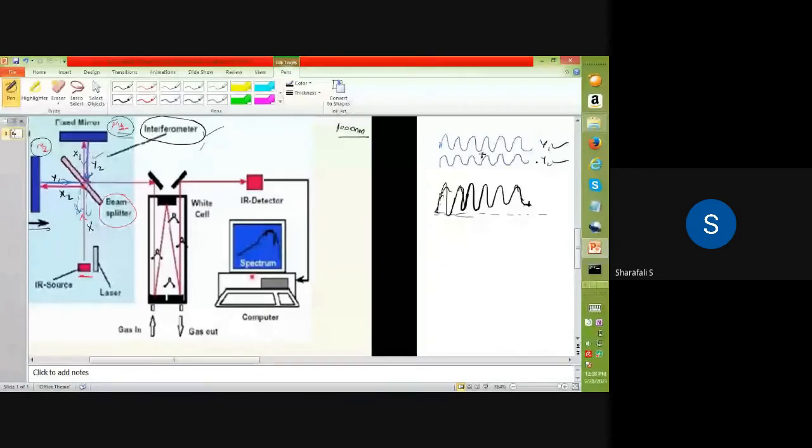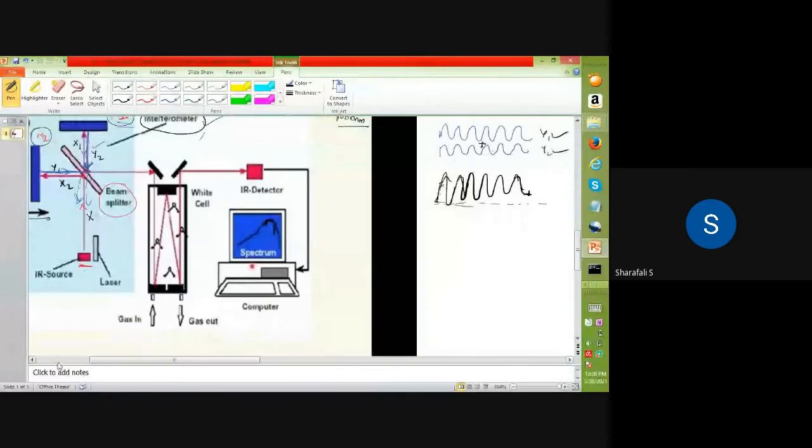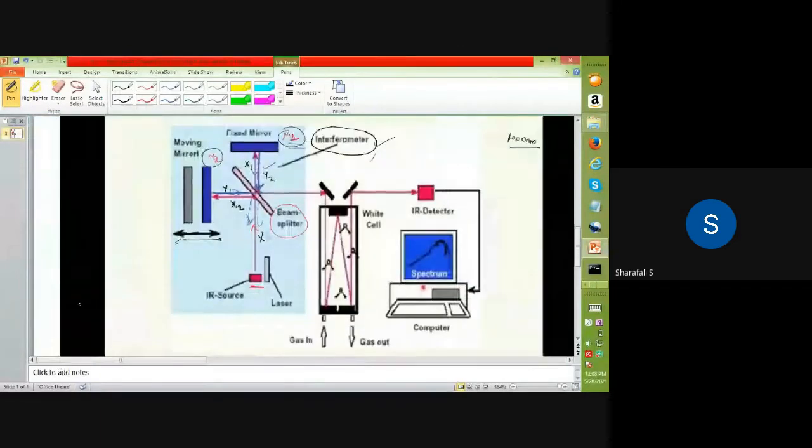But when you consider the motion of M2, that is, if you move mirror M2 a little bit, you are changing the distance from the beam splitter to mirror M2. In a different way, you are making an additional path difference in Y1 radiation.